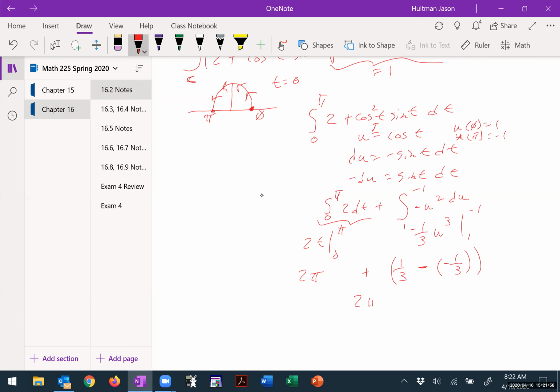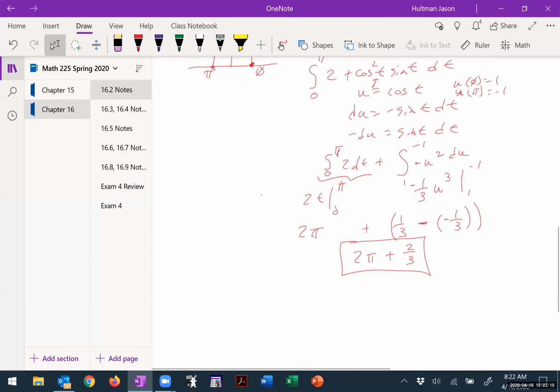So this is 2 pi plus 2/3. Any questions about number 1 here? Okay, let's go on to number 2.